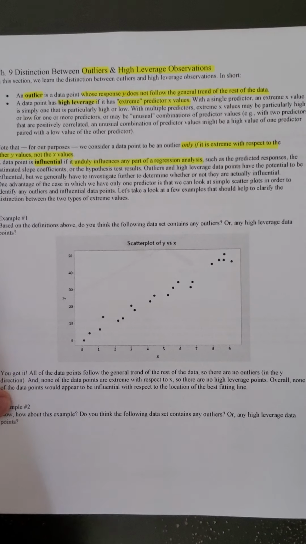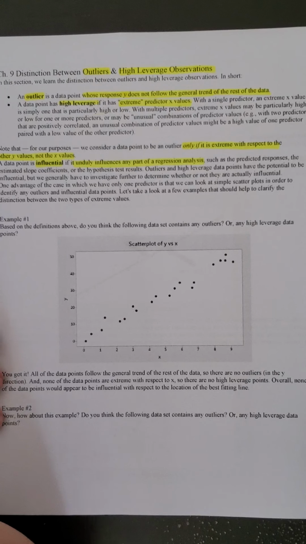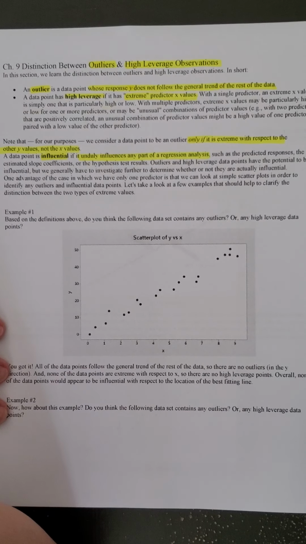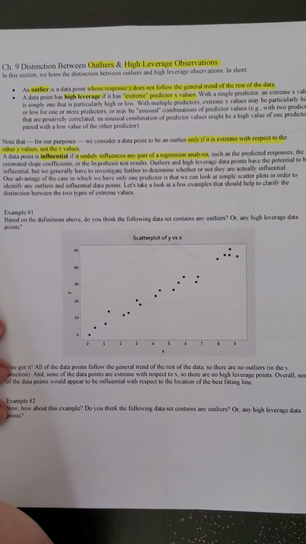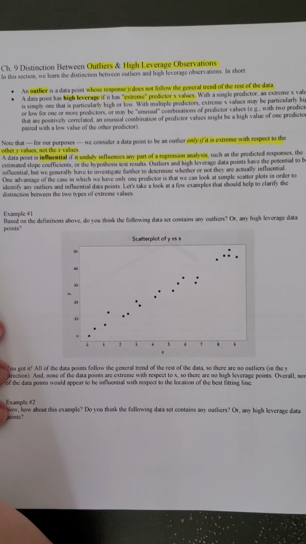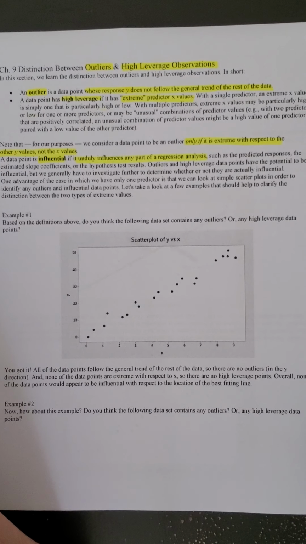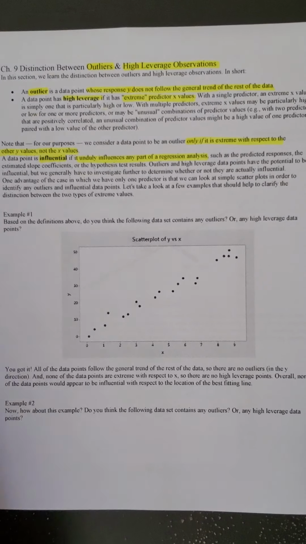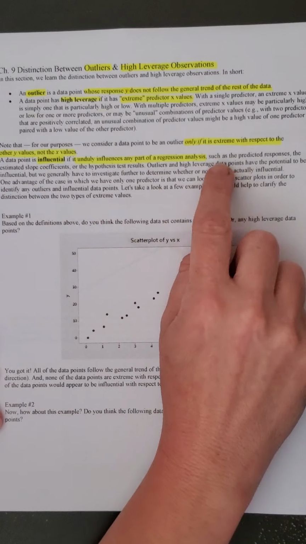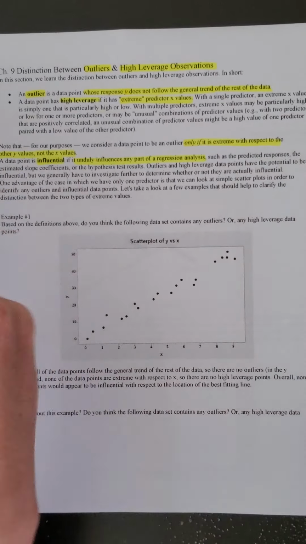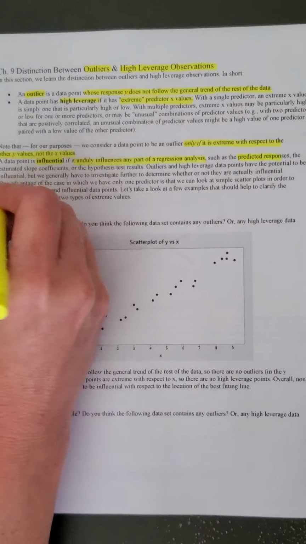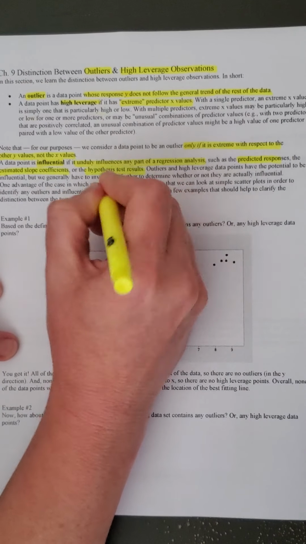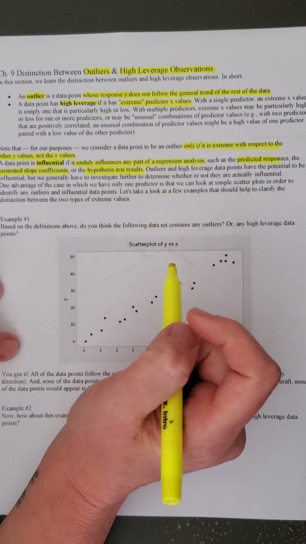For example, when you run your linear regression, including that value and then excluding that value dramatically changes your correlation or your slope or something like that. It says such as the predicted responses, so your predicted Y values, or the estimated slope coefficient, or the hypothesis test results. Now, we don't need to worry about that. We won't be doing hypothesis tests.